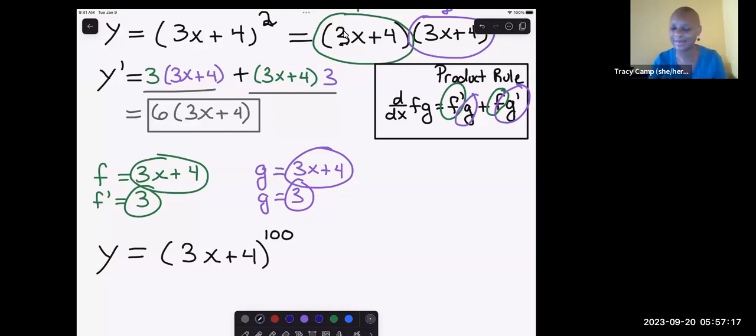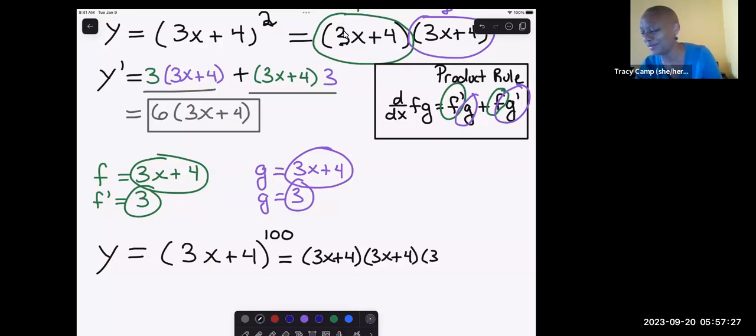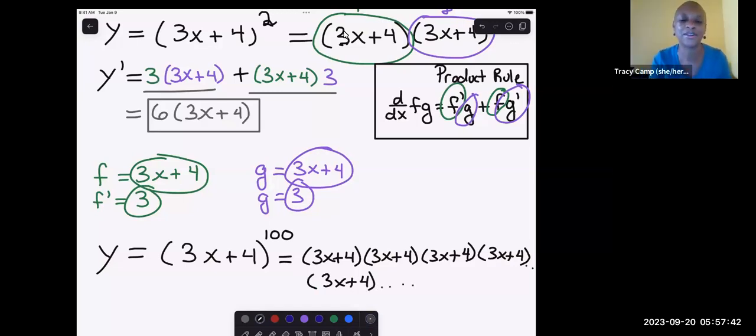Looking at this, I'd think, okay, well, this is 3x plus 4 times 3x plus 4 times 3x plus 4 times 3x plus 4 times, and I'm running out of room, right? I'm going to have 100 of these 3x plus 4s. I'm just going to stop, because I'm not writing out 100 3x plus 4s.